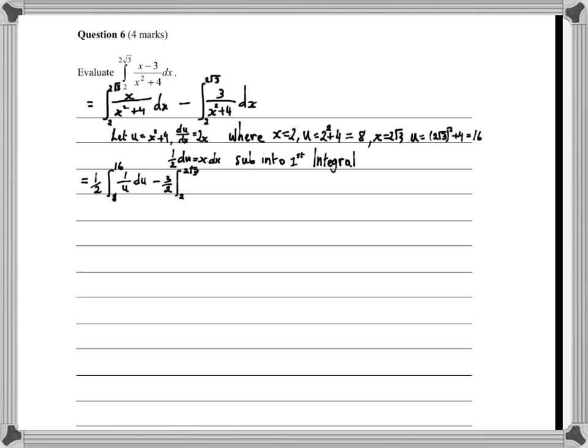The inverse tan integral has a number on top over x squared plus a squared. Now the a squared here is 4, so the a number must be 2.